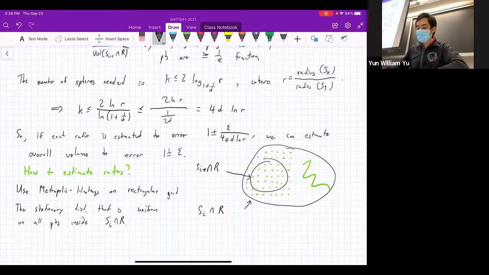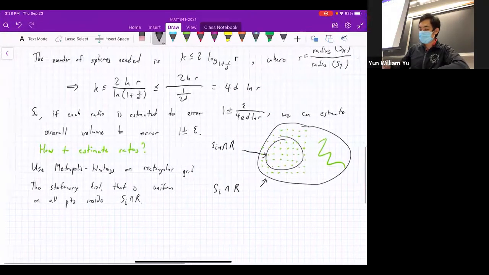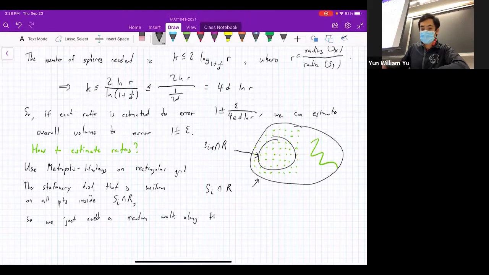So the stationary distribution that is uniform on all points inside Si intersect R. So we just need a standard random walk along the undirected graph with nodes in Si intersect R.